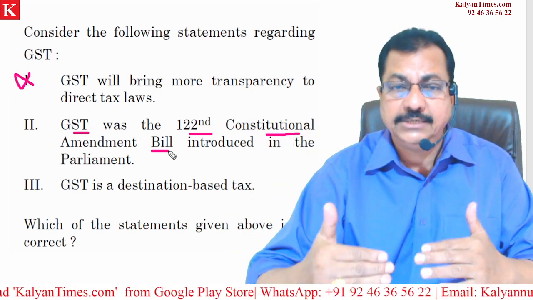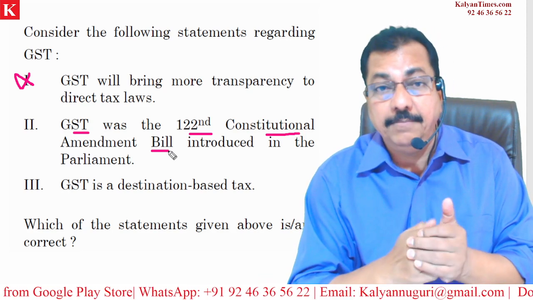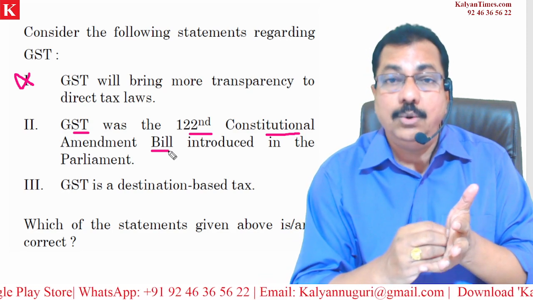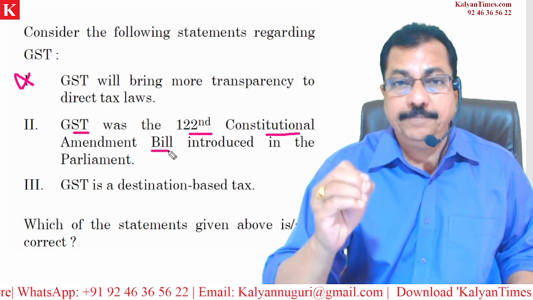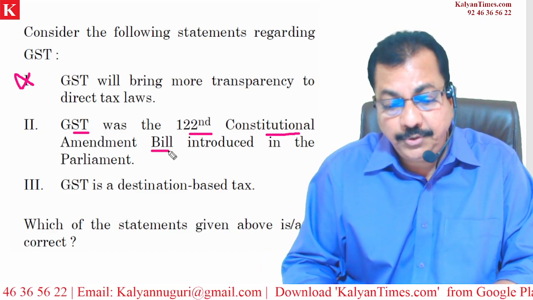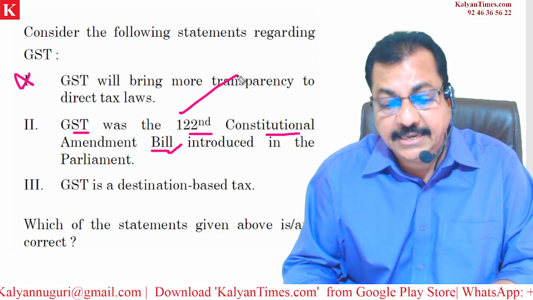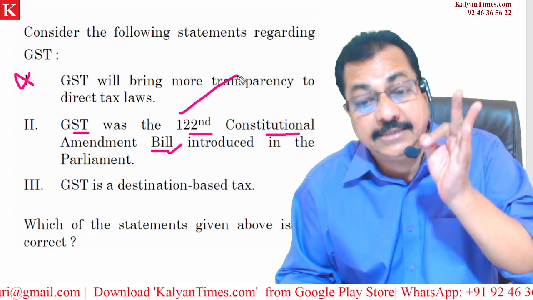After it was passed and after the assent of the President, it became the 101st Constitution Amendment Act. Clear? So here this is related to the bill, so obviously the 122nd Constitutional Amendment is right.